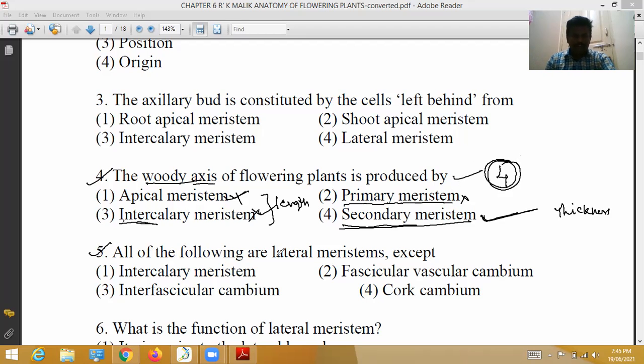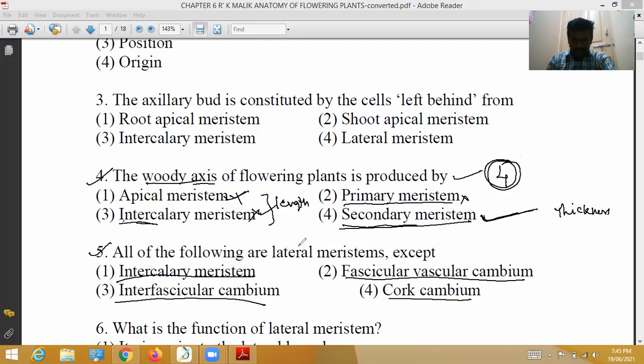Next, all of the following are lateral meristems except: intercalary meristem, fascicular vascular cambium, interfascicular cambium, cork cambium.